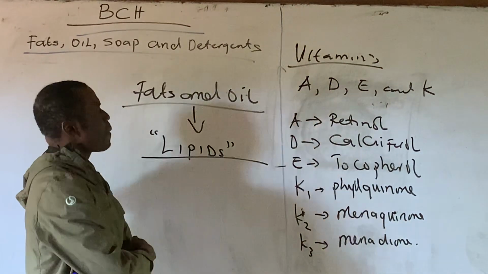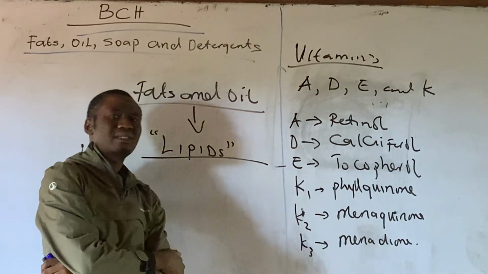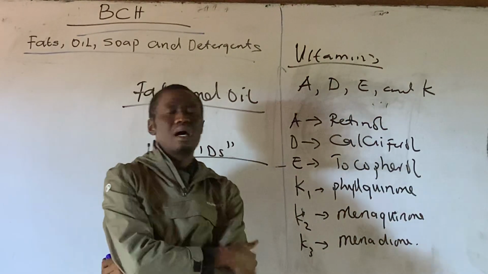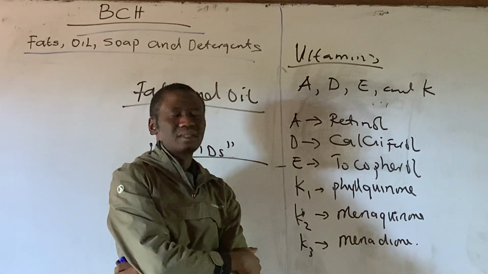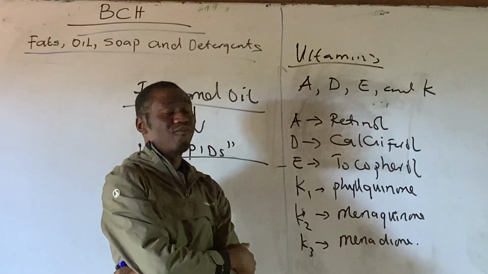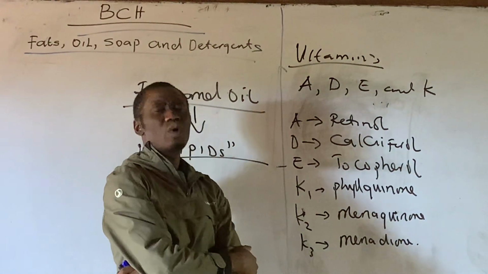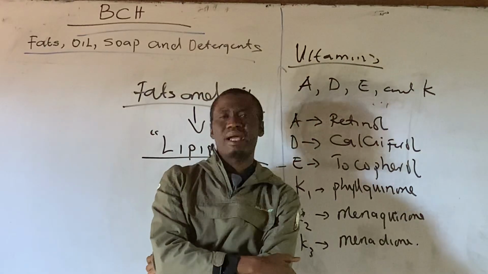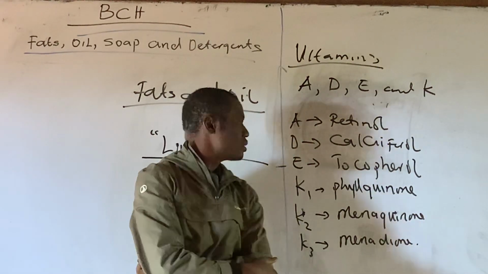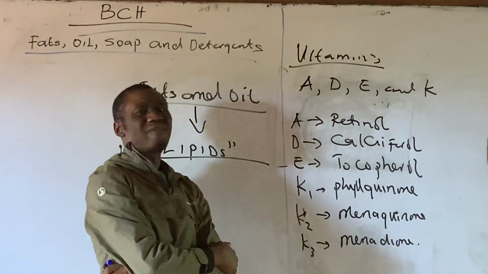Alright, now meanwhile, we can see the function of retinol. Retinol is for sight, that's for your eyes. It helps to develop the senses of the eyes for proper view. Now, we have calciferol, which is for bone strength, it helps your bones. Alright? So we have tocopherol, one of the vitamins that is found in egg.